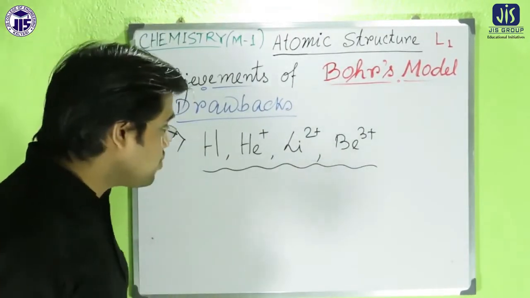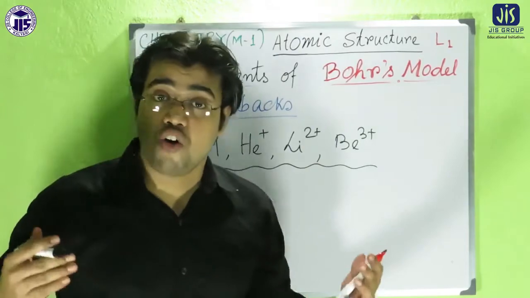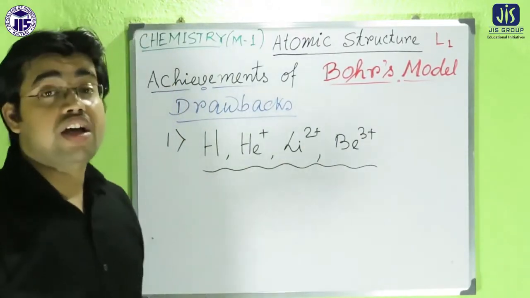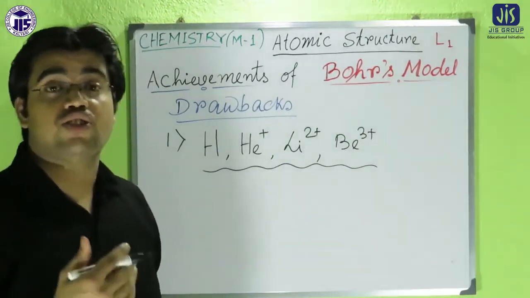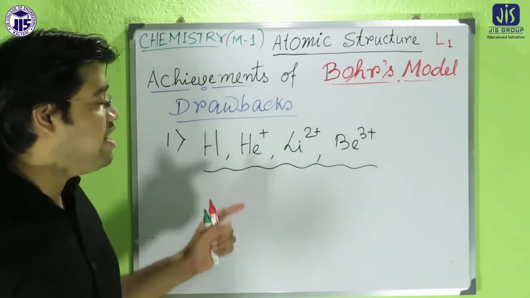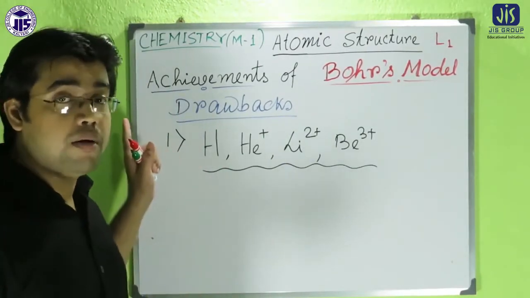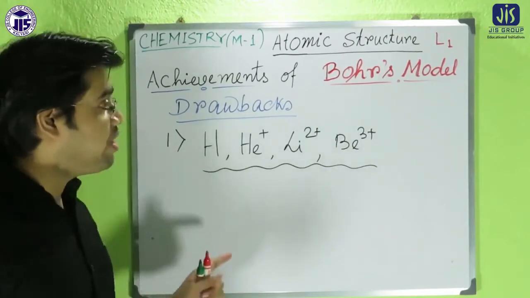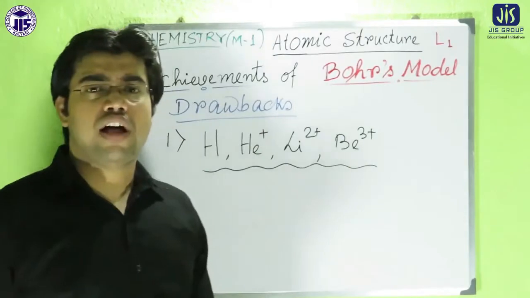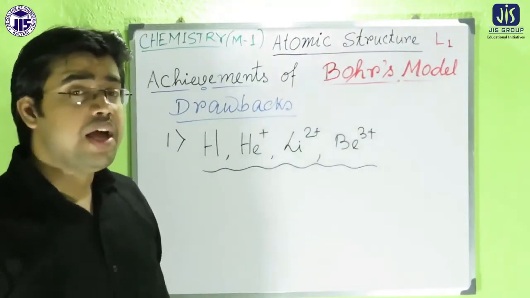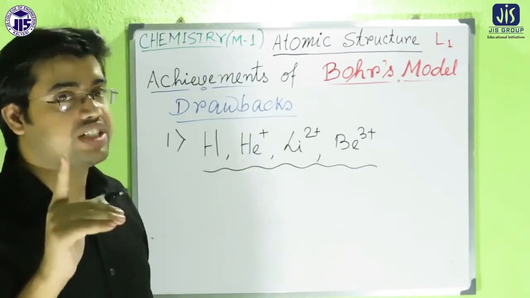So those spectral characteristics cannot be explained for the complicated many electron system. That is the main drawback of the Bohr model: it is unable to explain the spectral characteristics for the many electron system.